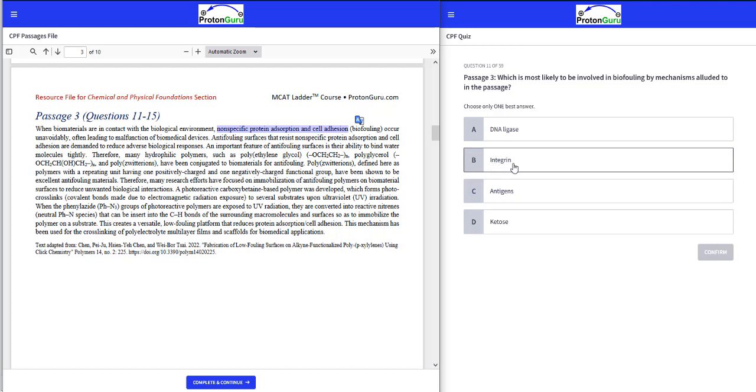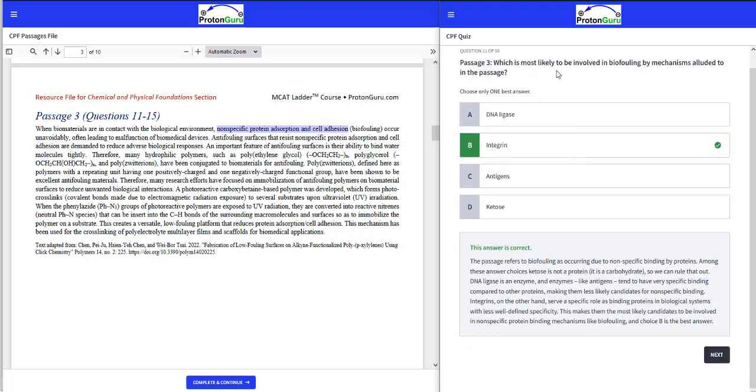Integrins are cell adhesion proteins that don't have this great specificity that DNA ligase and antigens have. So although antigens and DNA ligase could hypothetically be involved in biofouling, through some non-specific interactions, you're always looking for the best answer on the MCAT. So integrins are the most likely to be involved in such a process.